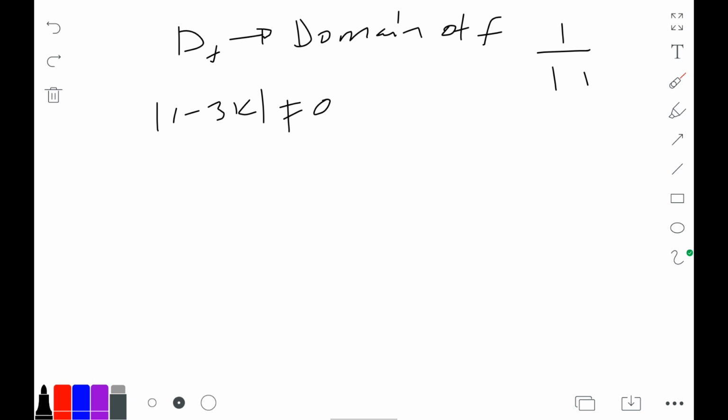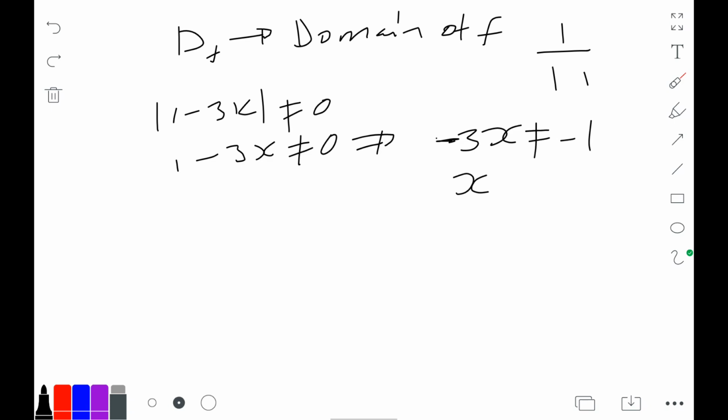So this means that our 1 minus 3x is not equal to 0, and this implies that our minus 3x is not equal to minus 1. So which implies that our x is not equal to 1 over 3.